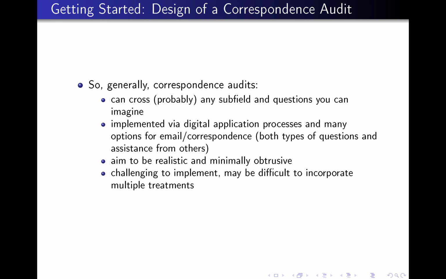And then, these are challenging to implement for many reasons. But one thing that I find that people get a little too deep into is that they want to design an audit where they're testing a lot of different things: gender discrimination, racial discrimination, changing these other four characteristics.